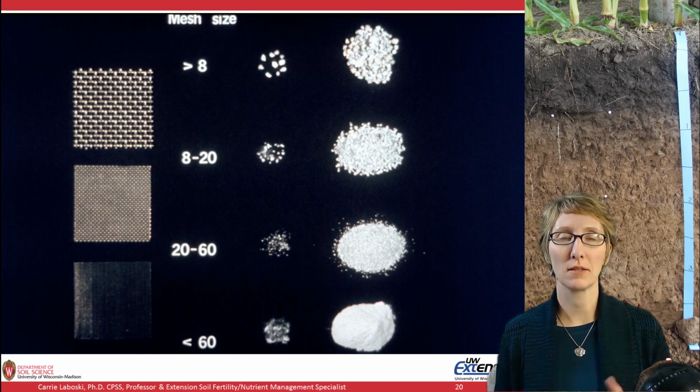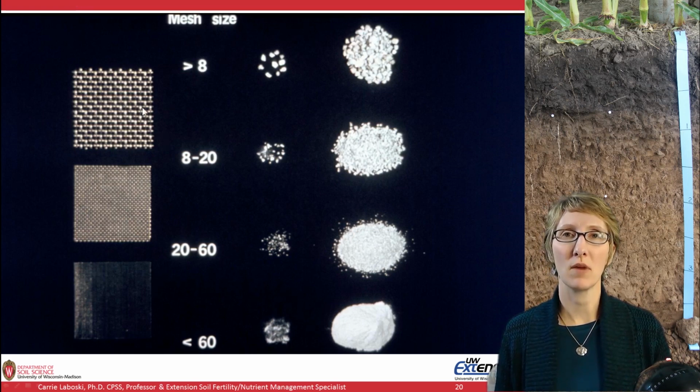And so the lime itself is put on a series of sieves. And this is an 8-mesh sieve, and you can see the size of the lime particle that is retained on top of that 8-mesh sieve. Here's a 20-mesh sieve, and this is the size of particles that will pass through 8 mesh but are retained on 20.